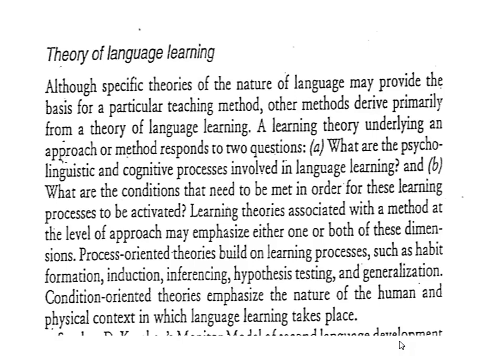So what we have learned previously is that all approaches and methods are derived based on necessity. So what does an approach do, and what does a method do? Everywhere, in case of an approach or a method, there should be two views. Number one, what are the psycholinguistic and cognitive processes involved in language learning?